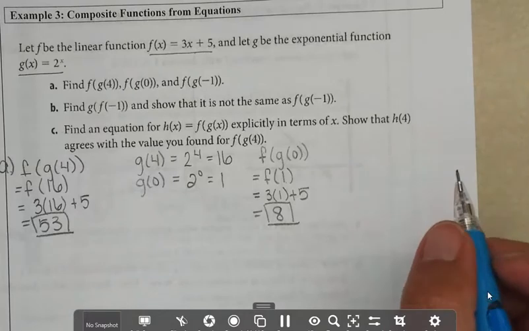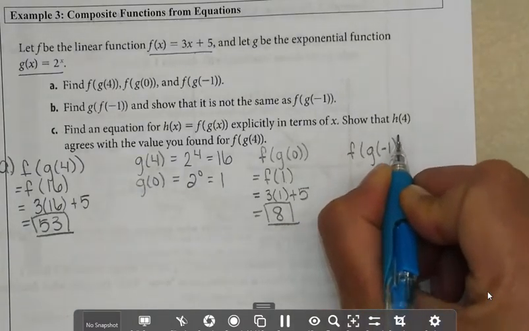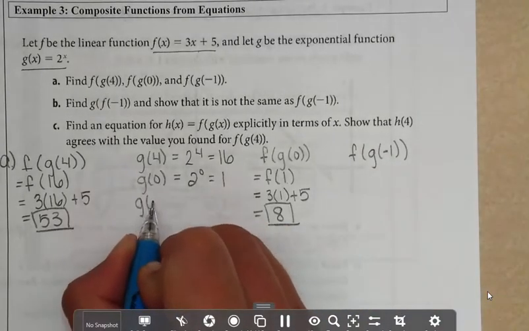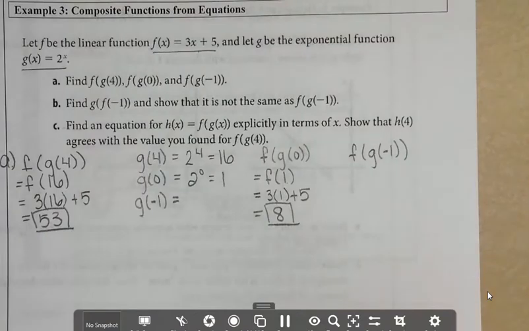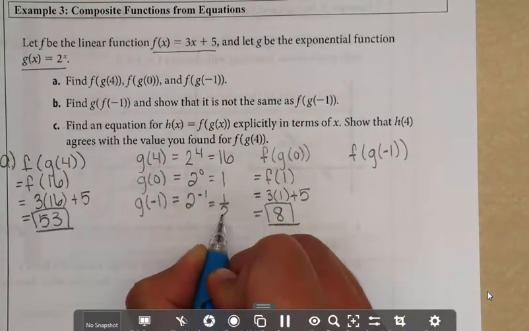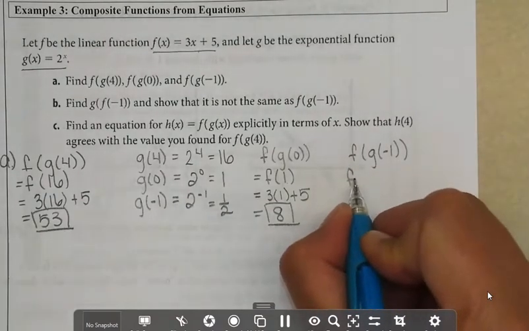Okay, and then the last one I need to do was f of g of negative 1. Well, I'm going to come over here and figure out what g of negative 1 is. This is my side work area here. So this is 2 to the negative 1, which is actually 1/2. All right, plugging 1/2 into f.